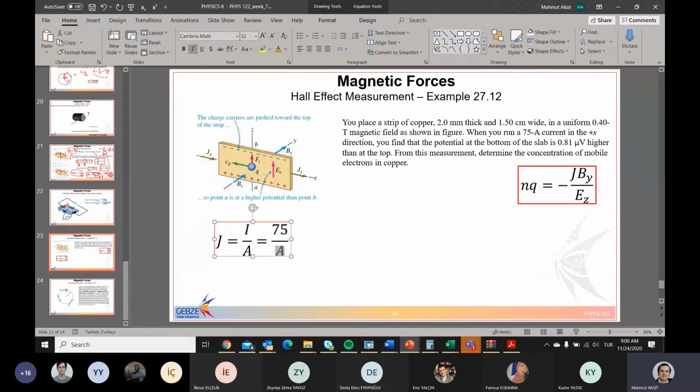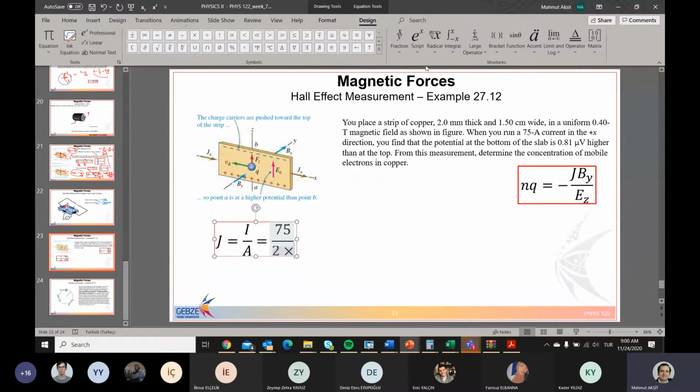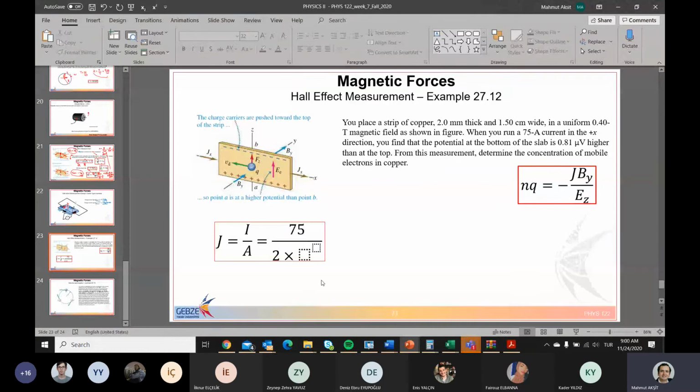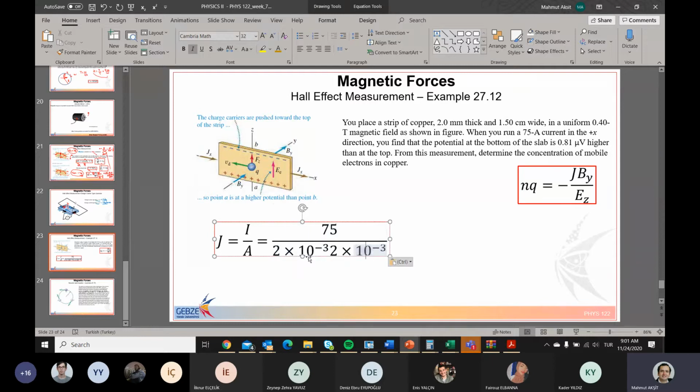Area is 2 millimeters, 2 times 10 to the minus 3, multiplied by 1.5 centimeters, 1.5 times 10 to the minus 2.